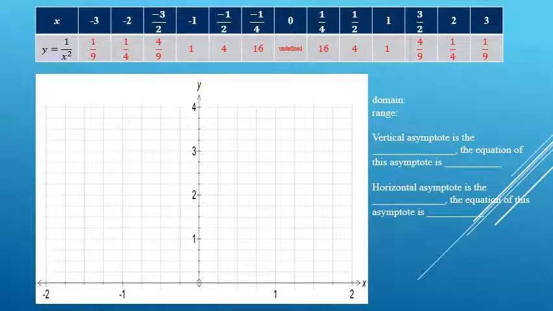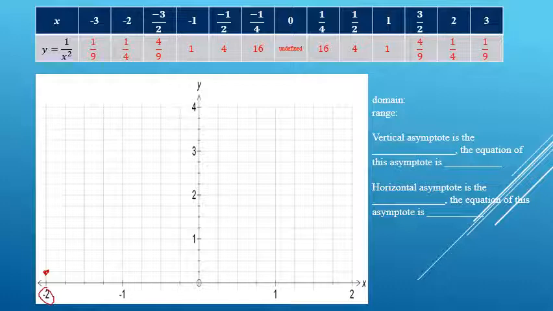So now we can plot the values that we've just worked out. So I'm going to do that and see what our graph looks like. So when x equals -3, y equals 1/9. I've only got out to -2 on the graph here. So let's start at -2 to 1/4, so that would be that coordinate there, somewhere like that.